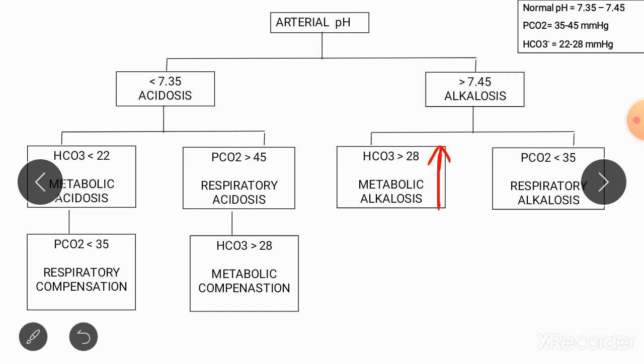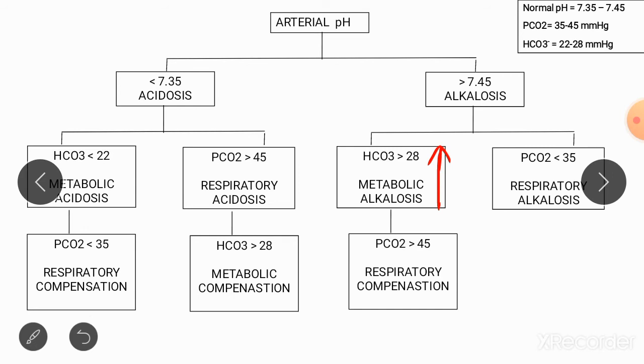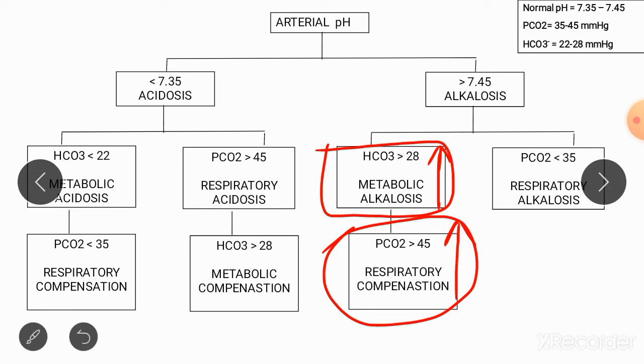So when the kidneys are at fault, who is going to compensate? The lungs are going to compensate. And how can lungs compensate for alkalosis? The lungs can compensate for alkalosis by retaining carbon dioxide. So if the value of partial pressure of carbon dioxide that has been given to you is greater than 45 millimeter mercury, you will immediately understand that this person is suffering from compensated metabolic alkalosis, because he had metabolic alkalosis and his lungs are now retaining carbon dioxide to combat that alkalosis and to balance it out.